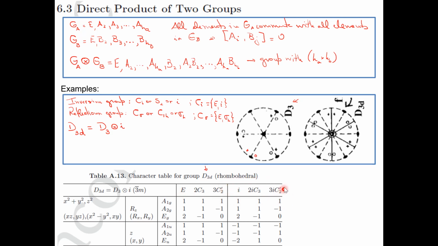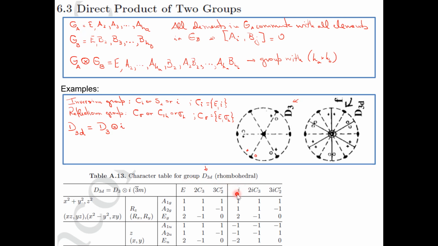We're going to see this next lecture, but the idea is that you see that the 3 extra columns are combinations of all these 3 symmetry operations with the inversion. So E times the inversion is inversion.